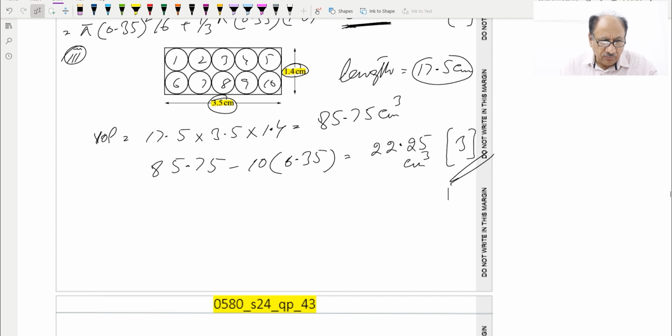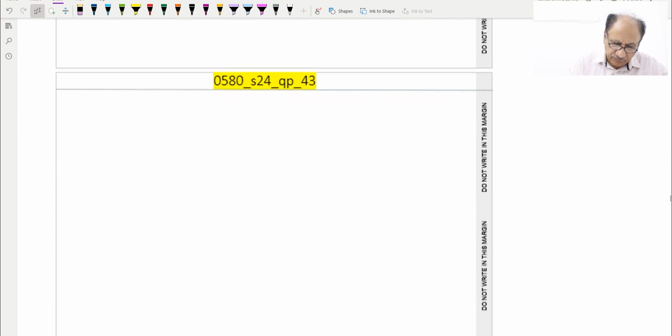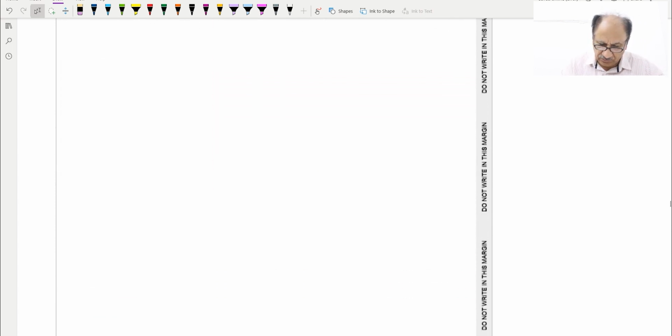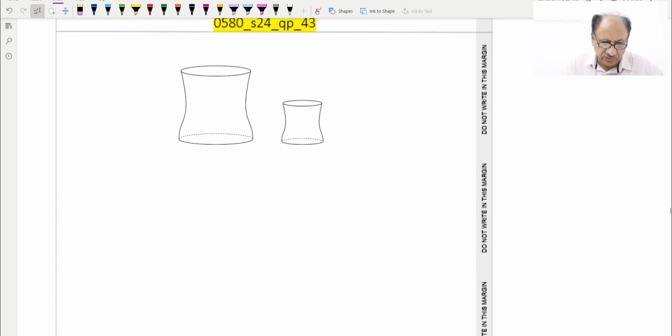Now we can move to the next part of the same question, which is also important, the B part. If I check the shape, which is this one, we can solve here. So the B part says these two shapes are provided which are not to scale, and the diagram shows two mathematically similar solids.